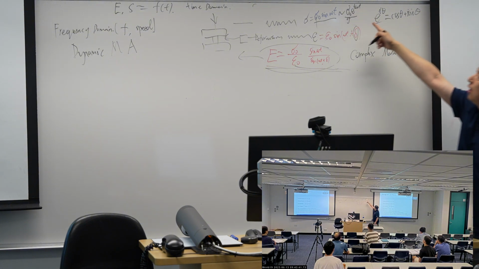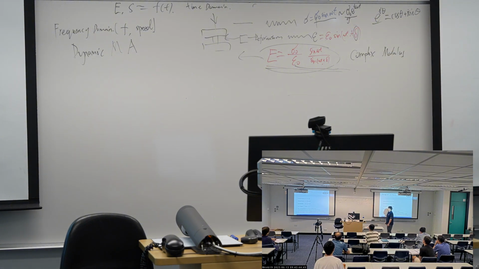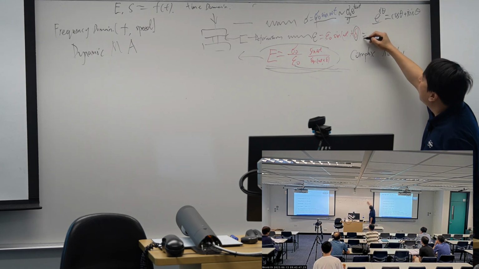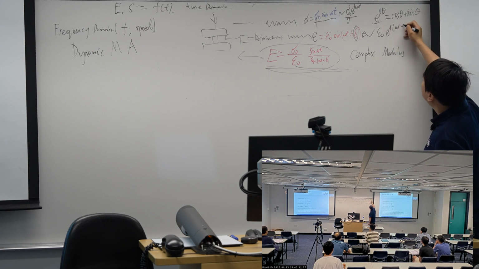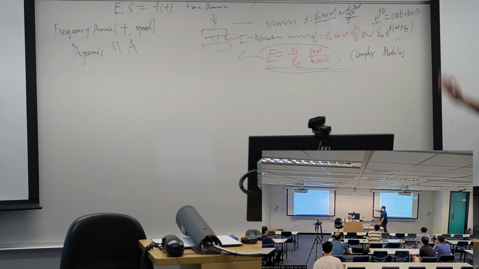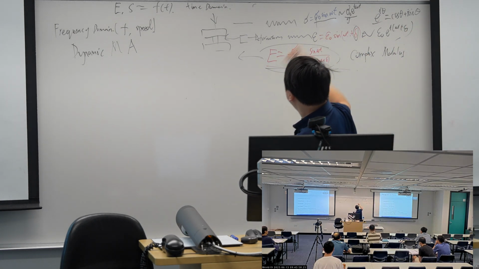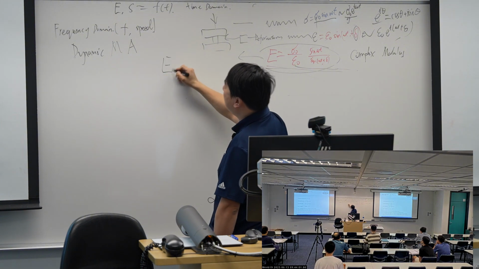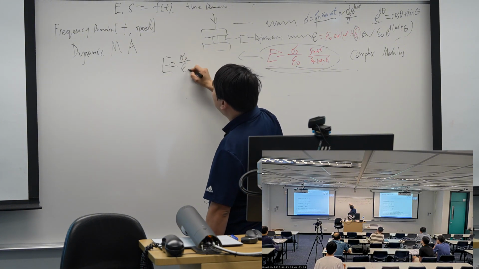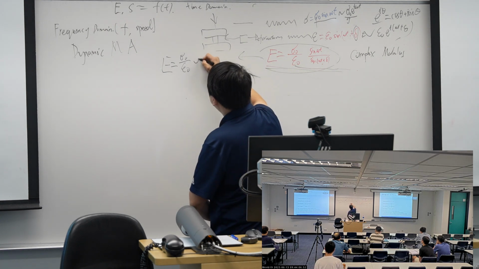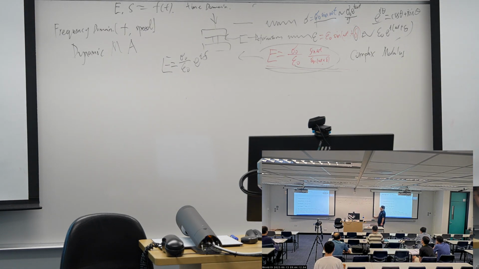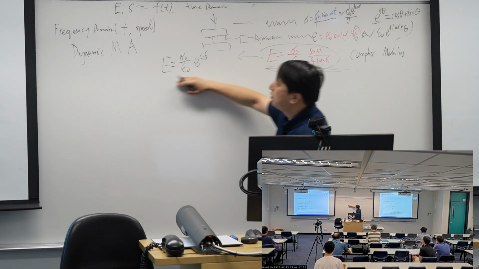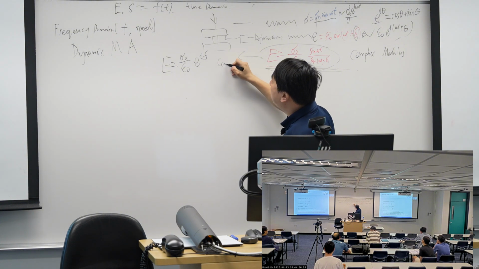We write down this kind of phase relationship. So we can also write epsilon as epsilon 0 e^(i(omega t plus delta)). And then the modulus can be written down in a complex way: sigma 0 divided by epsilon 0 times e^(i delta). And this will be our final way to express our modulus. We call this modulus a complex modulus.